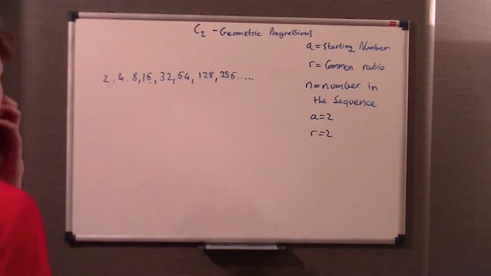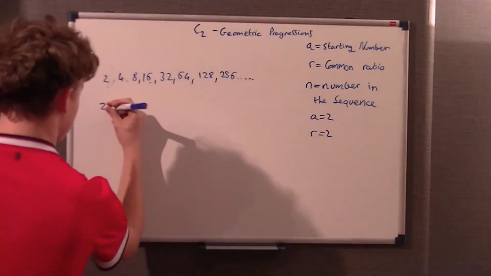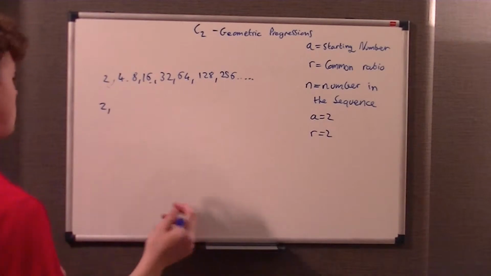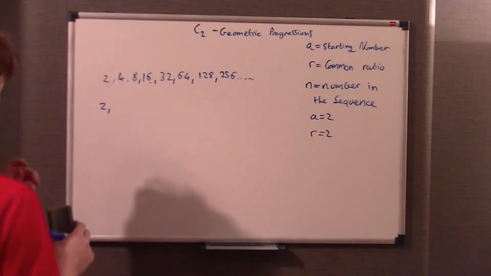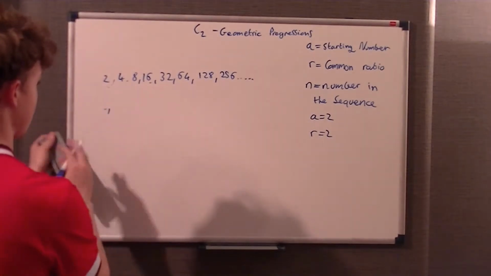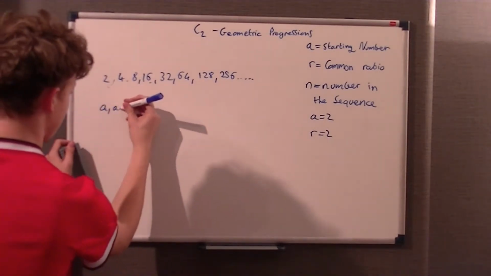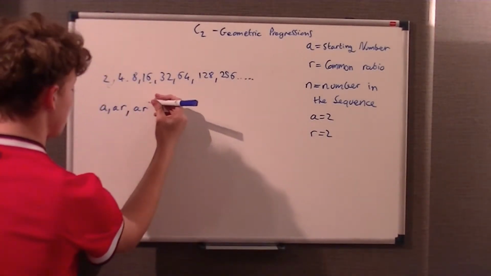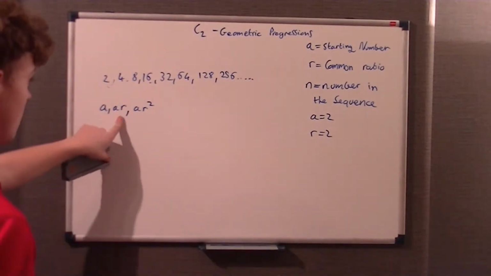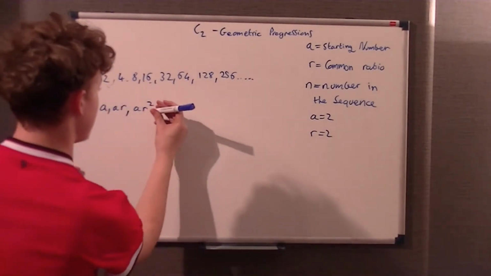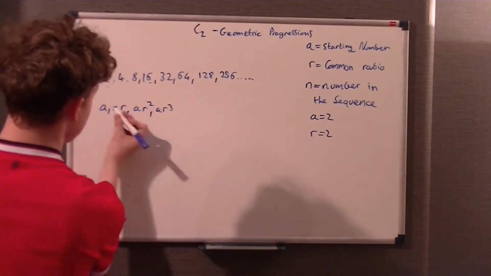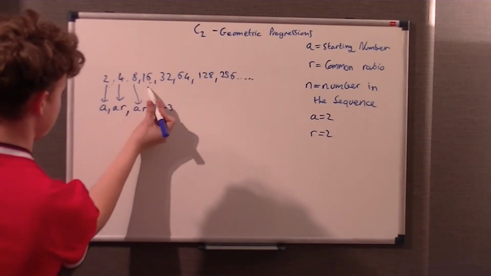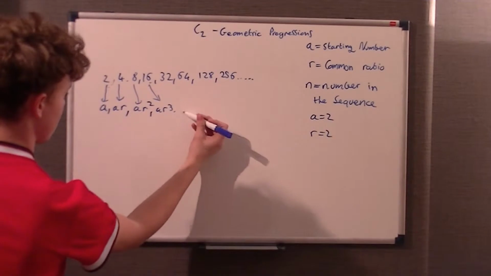We'll start with 2, and that is the same as writing A times R, so 2 times 2, then A times R squared. That's A, AR to the 1, AR to the 2, AR to the 3. These correspond with the terms above. So AR is 4, AR squared is 8, AR cubed is 16, and so on.